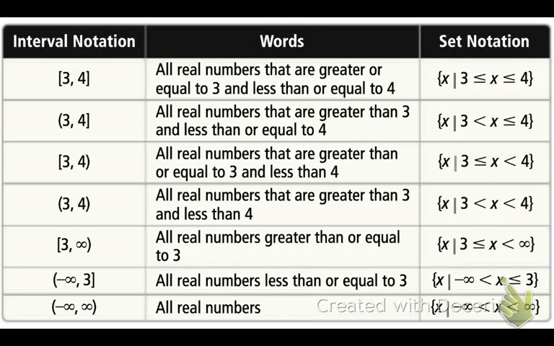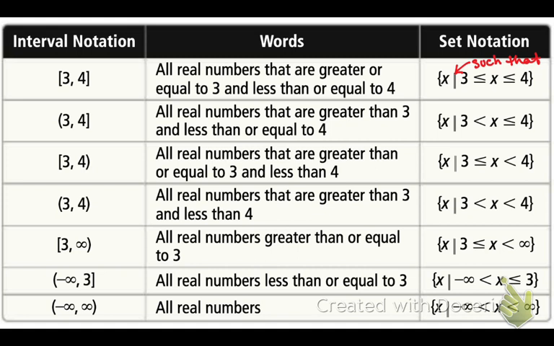So, on the left we have interval. On the right we have set. In set notation there's actually two little lines, but we just do one. This line right here, when we say it, we say such that. That line means such that.